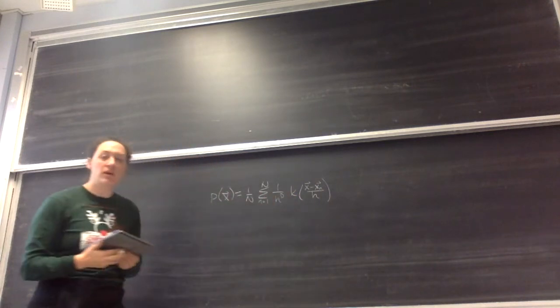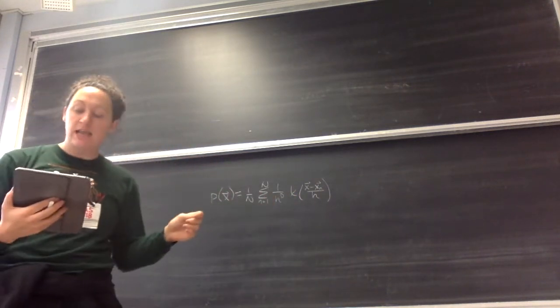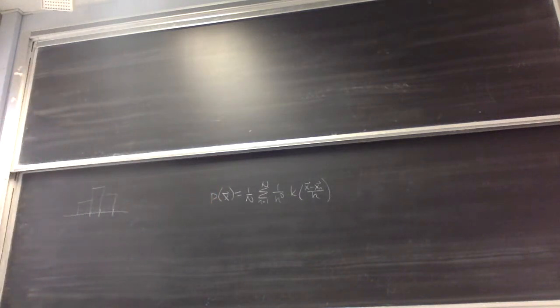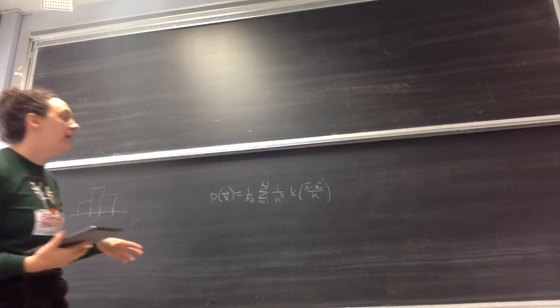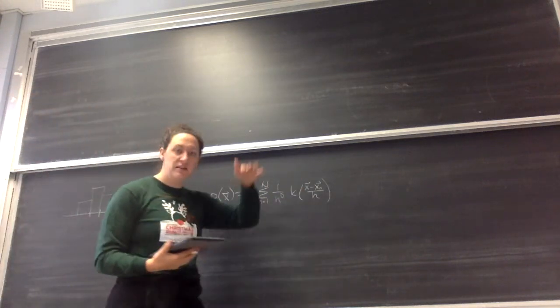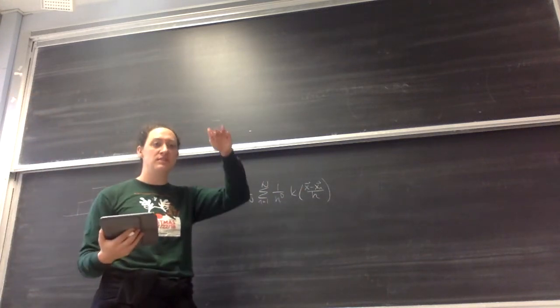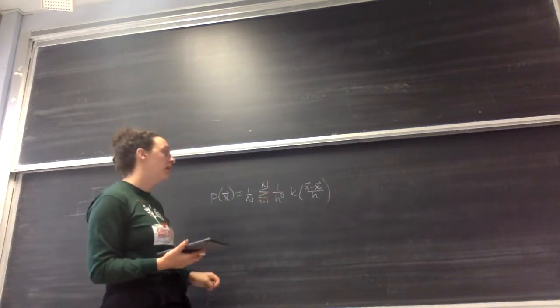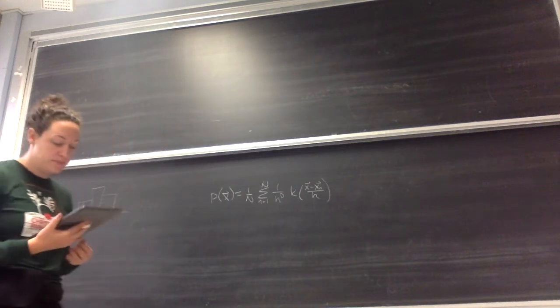And this k, initially we saw it as a counting function, so it was just counting up the number of points inside of a box around x, and we would be computing almost something like a histogram there. We'd be just counting how many occurrences happened in the correct cube, really hypercube.